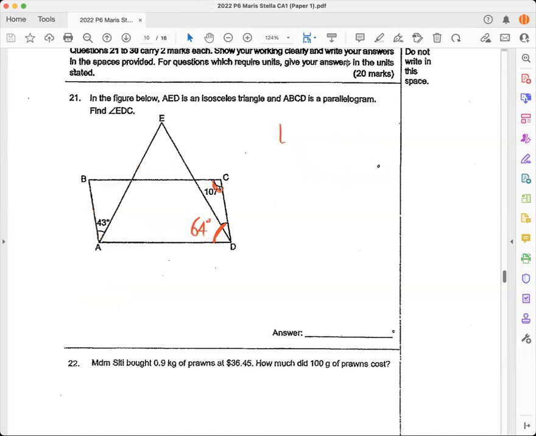So 180 minus away 107, minus away 64, you will get the required angle, 9 degrees, which is this angle. Okay, let's continue to question number 22.